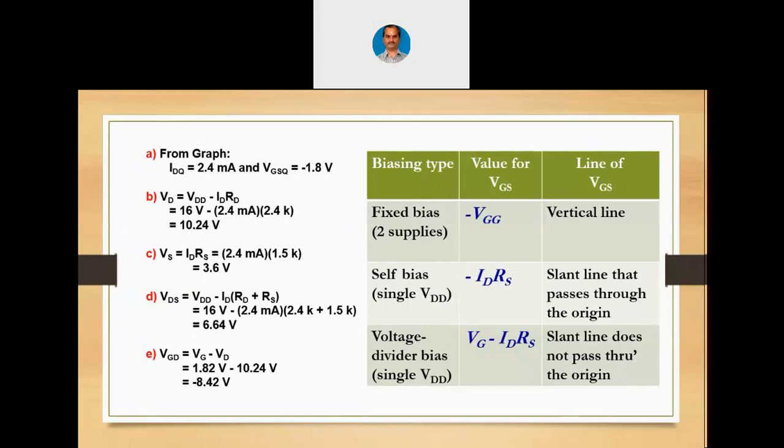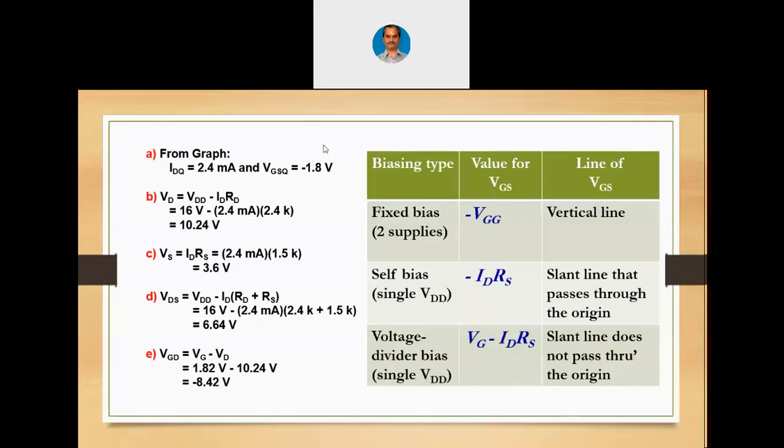Now in case of self bias, it is single VDD, means we are not going to have a power supply for the gate. We will be using only an additional resistor at the gate. Even in voltage divider bias, there also it is single VDD only.